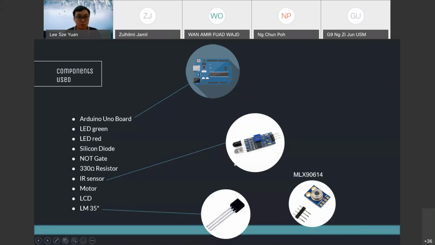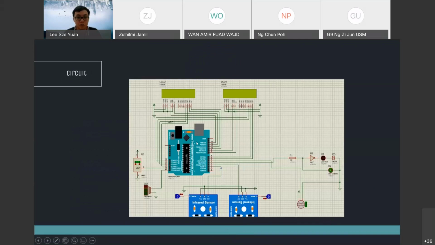Here is the Uno board, the speaker, two infrared sensors, the LCD, the LED light, gate, diode, resistor, and a motor. Next, I pass this to my partner.